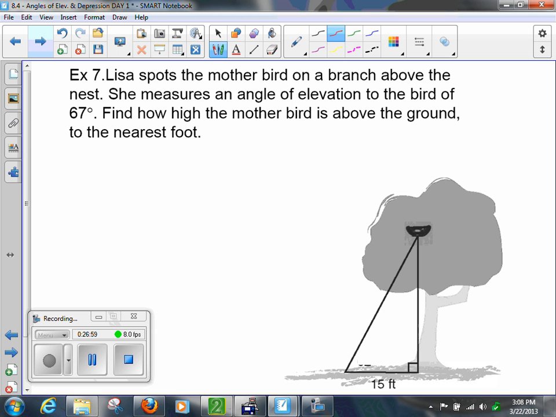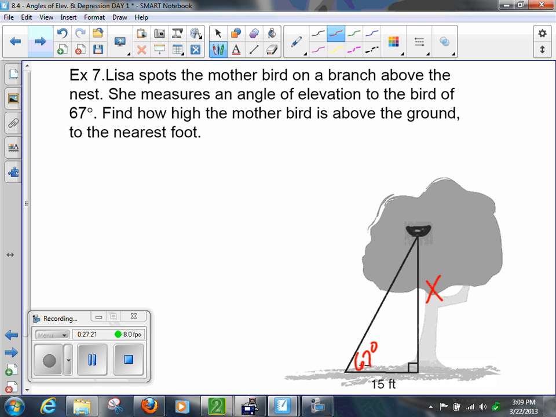She measures an angle of elevation to the bird of 67 degrees. Where did we put 67 degrees? 15 feet. How high the mother bird is above the ground.